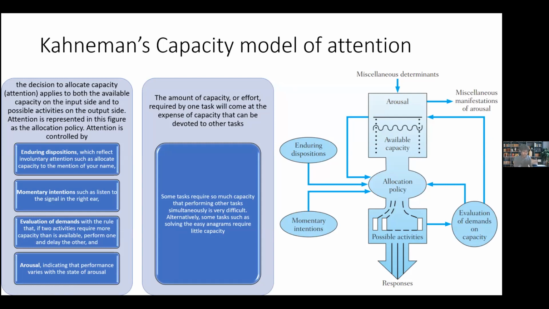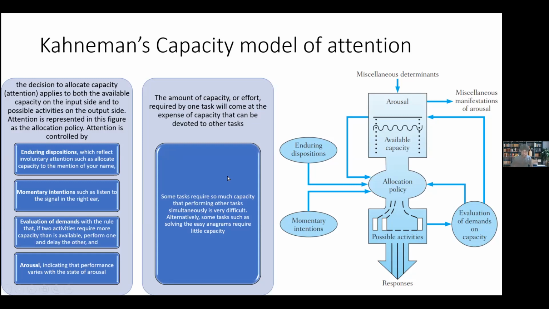If you're not very alert, if you're drowsy or sleepy, you may not be able to allocate attention to various tasks. So the amount of arousal is what leads to allocation of attention, but the allocation happens based on a certain policy. That is what he calls allocation policy.